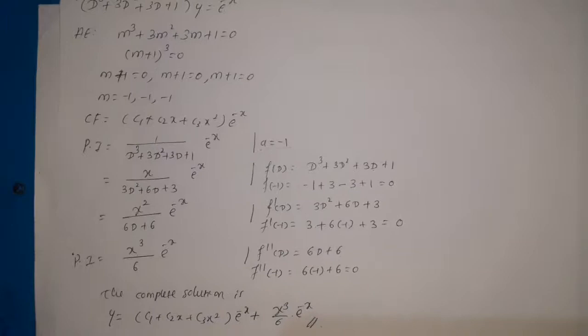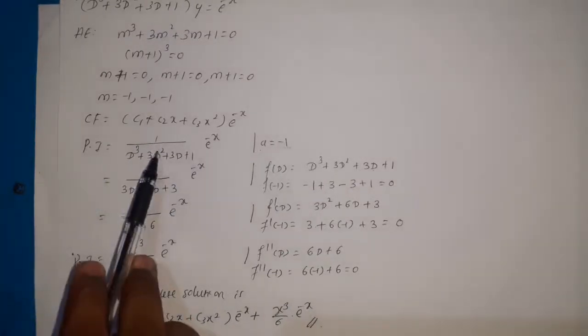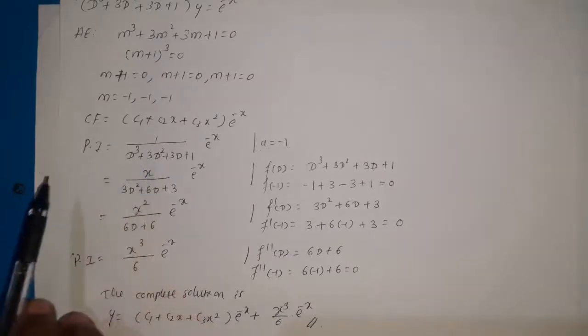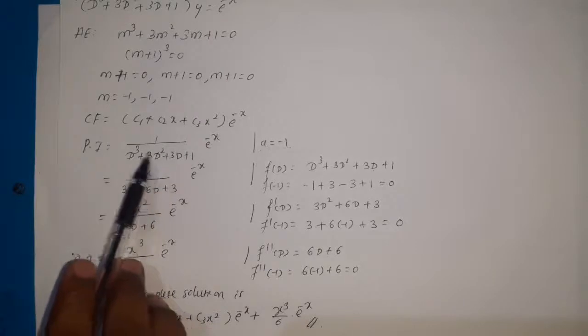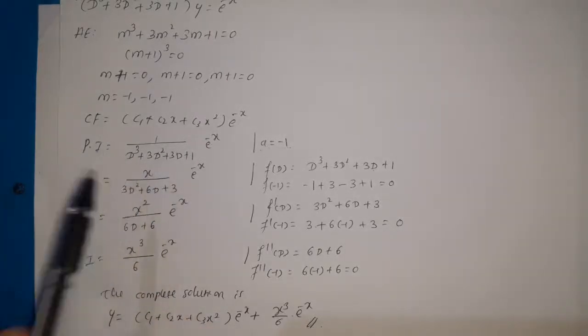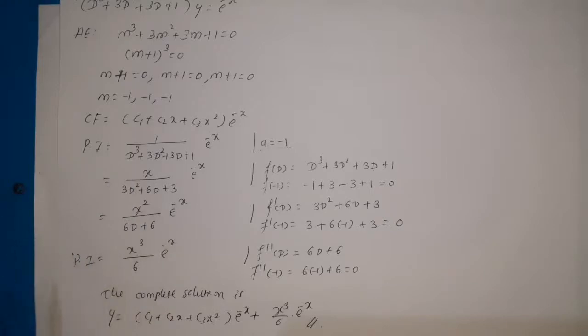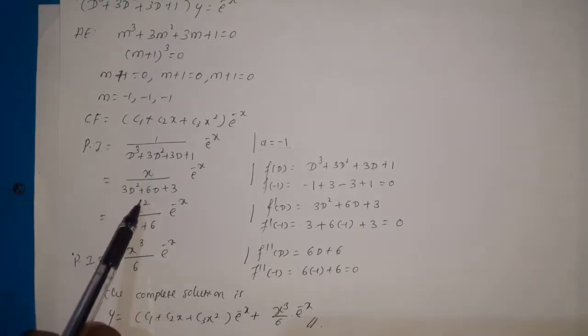Here concentrate on the denominator. If the value is non-zero, then it's fine. Just by substituting D equal to a, then calculate that non-zero value, then put as it is. If the denominator gets the value 0, then take x in the numerator and differentiate the denominator.